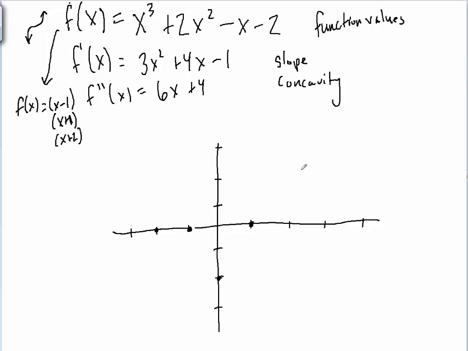Now with the first derivative, we can find critical values, which could be potential relative extrema. So if we set the first derivative equal to 0, that occurs where x equals roughly 0.215 and -1.548.